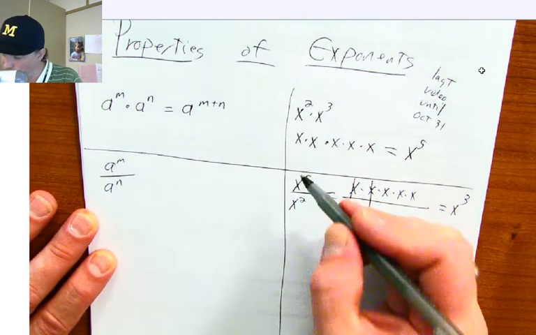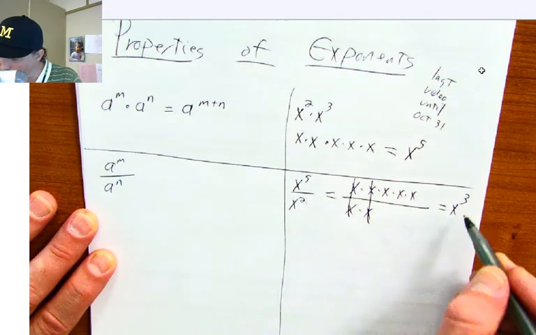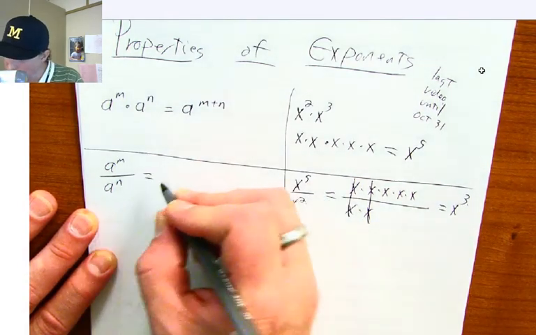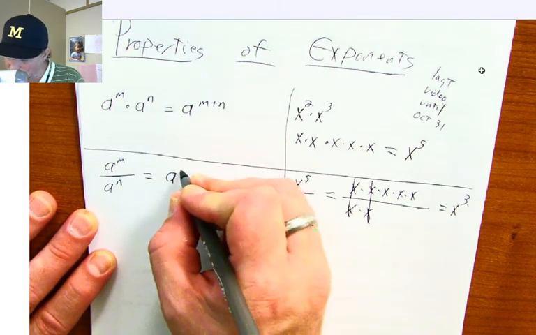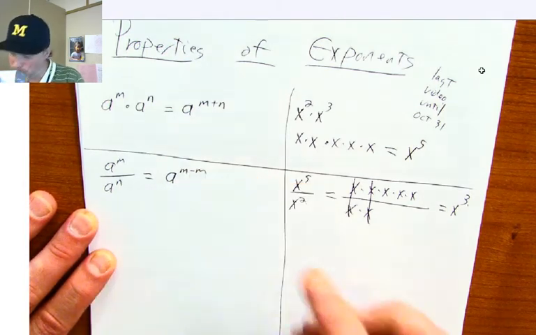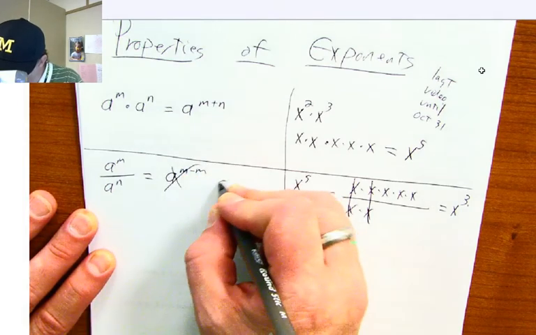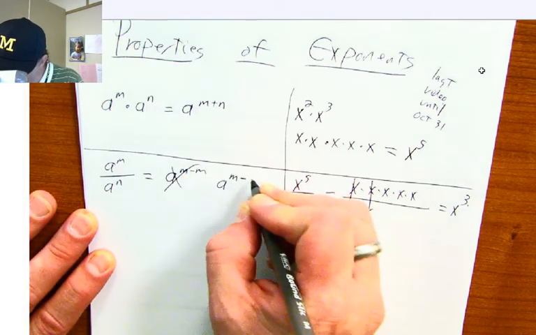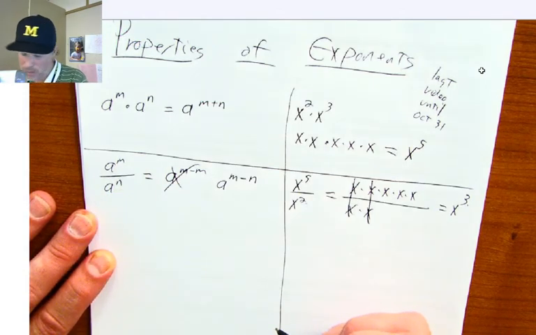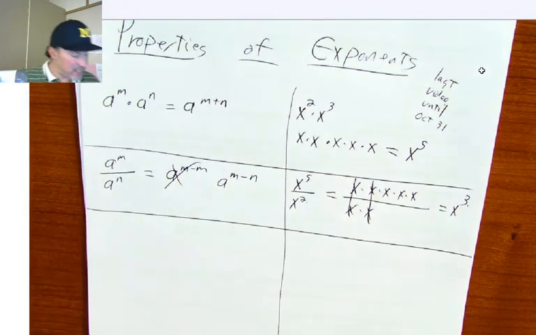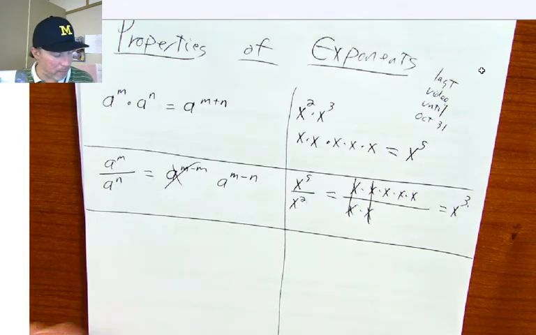What did we do to the 5 and the 2 to end up with a 3? We subtracted. 5 minus 2 is 3. So this is the equivalent, oops, I wrote that wrong, a to the m minus n. We subtract the exponents. Okay, so that's the product and the quotient property.